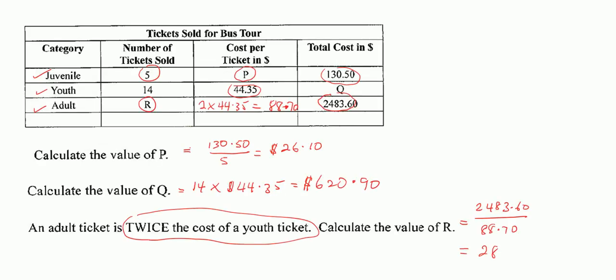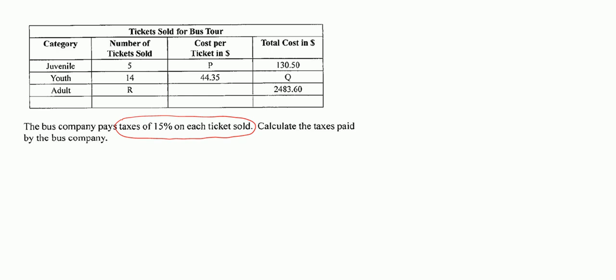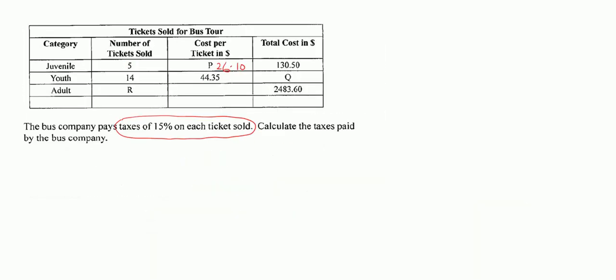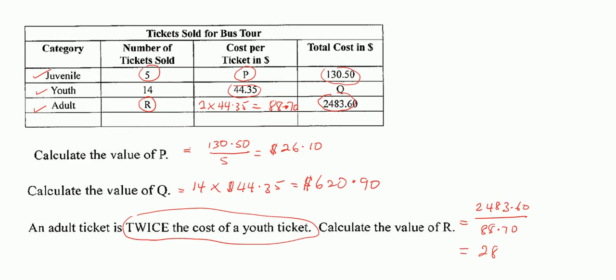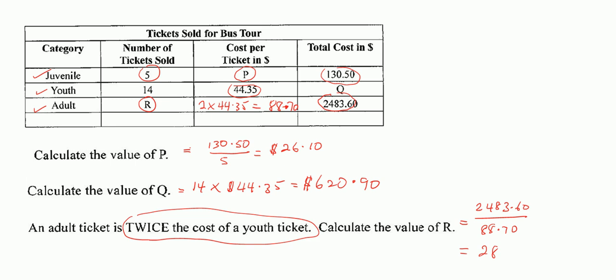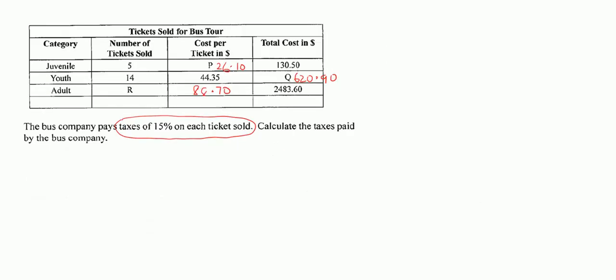P was 26.10, Q was 620.90, this was 88.70, and R was 28 tickets.